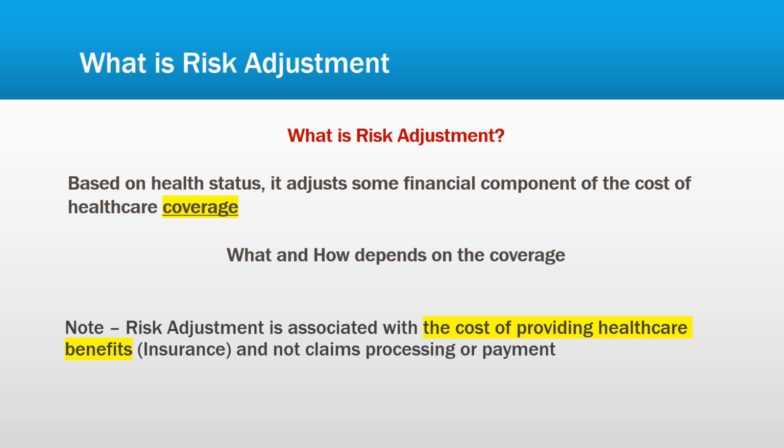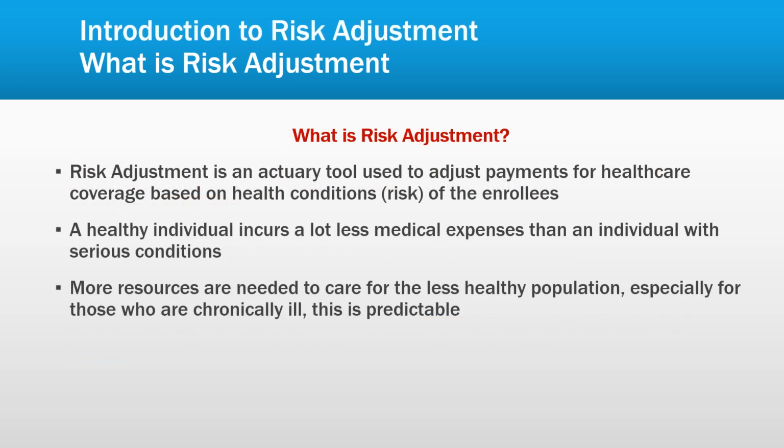What is your claim history? All these factors. The claims payment happens after there's a loss. This is about predicting the probability, measuring the risk, and distributing the risk. And so in healthcare, it's adjusting some financial component, and it really does depend on the coverage, and we'll take a look at this in a second.